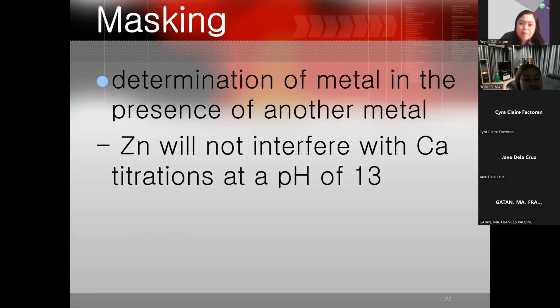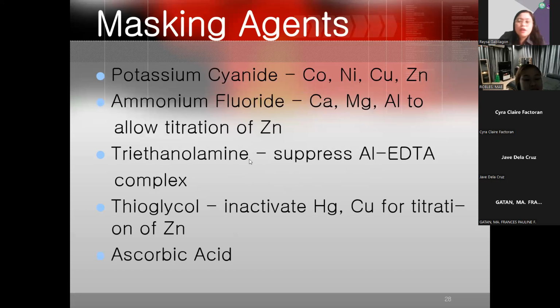So aside from adjusting the pH, we also have other agents that can be used to mask metals for the determination of the other metals. So just like potassium cyanide, this substance is able to mask cobalt, nickel, copper, and zinc.